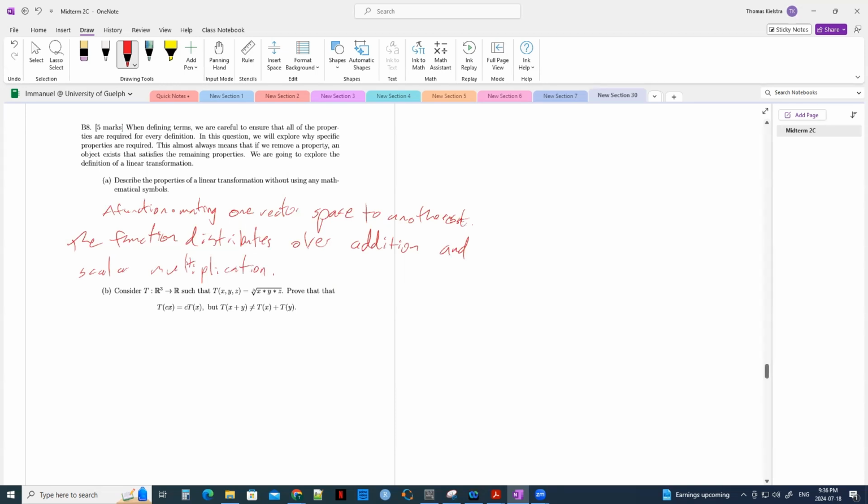So it's very much in words what a linear transformation is. It's a function with specific properties, and what those properties are.